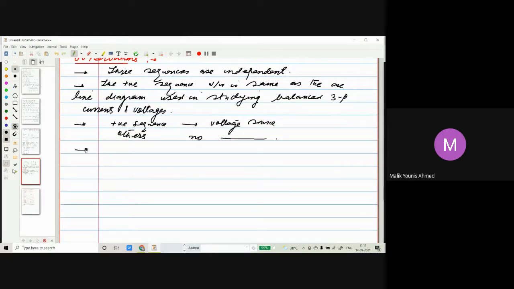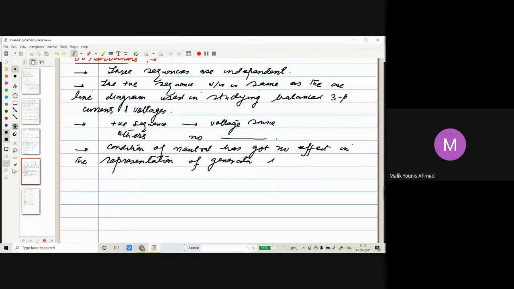Next is very important. The condition of the neutral has no effect in the representation of the generator in both the positive and negative sequence networks.